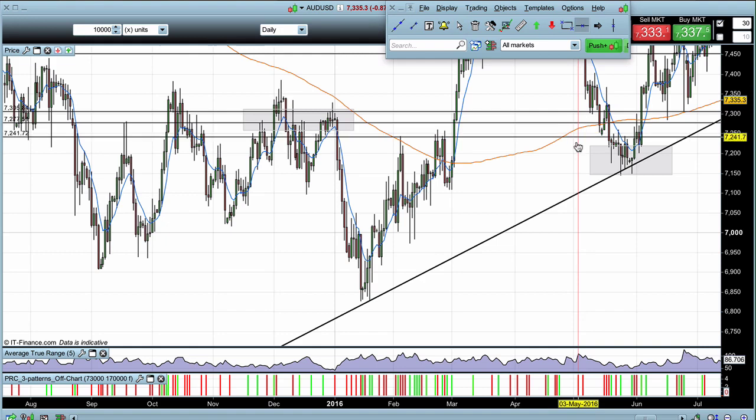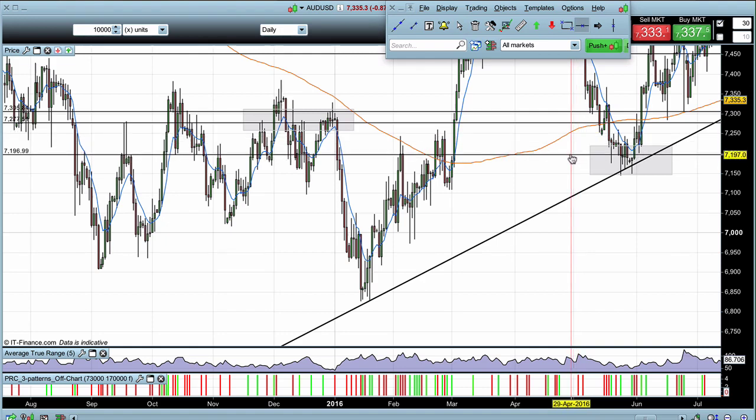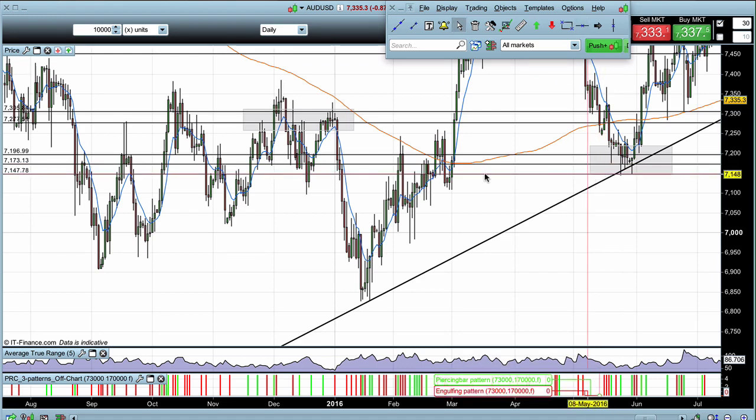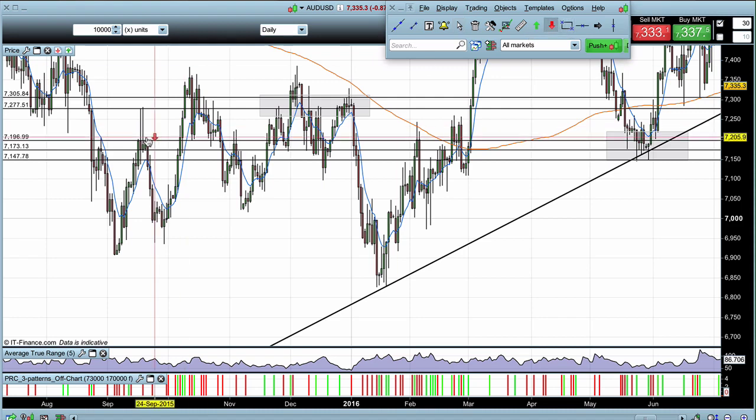Now, if we come down further, we get into, let me just mark it in, very strong support levels. So down here, okay, down here we have key levels. You can see the market has been using these levels over and over and over again.